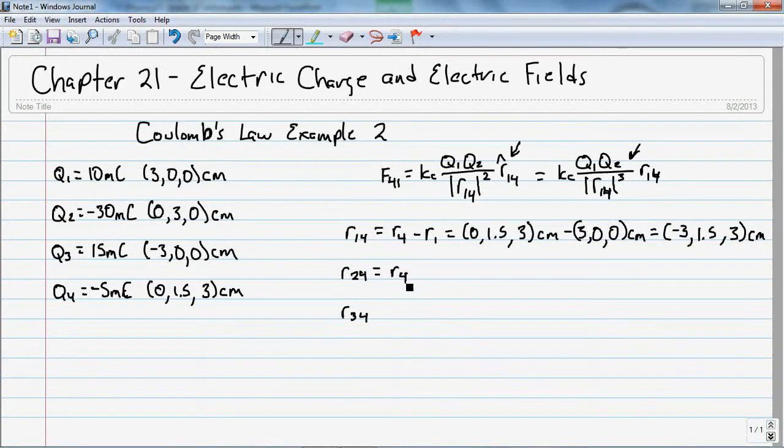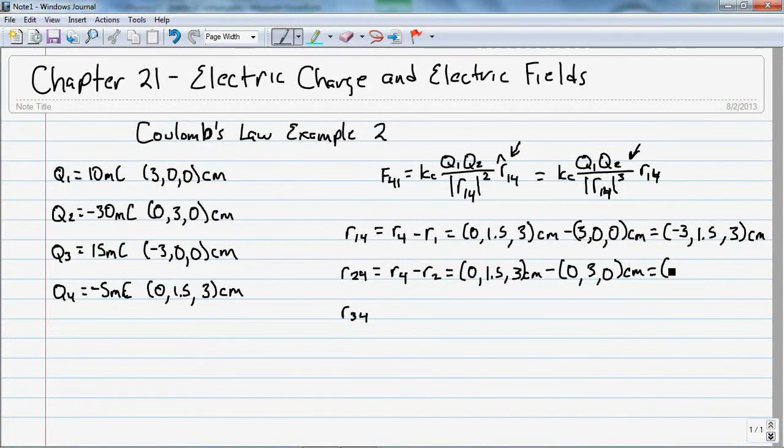This is going to be R4 minus R2, and we have R2 as 0, 3, 0.